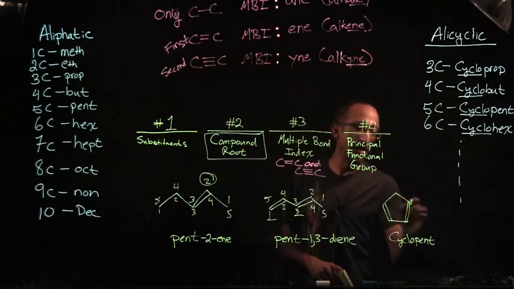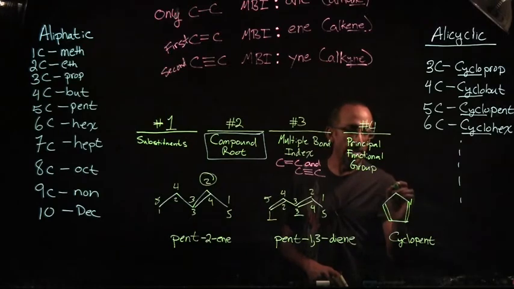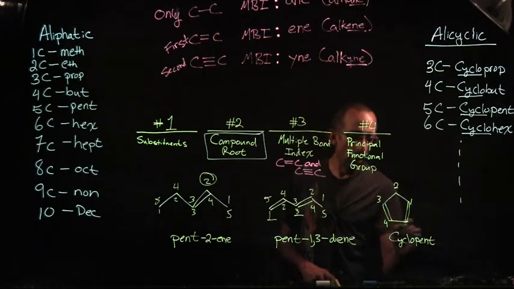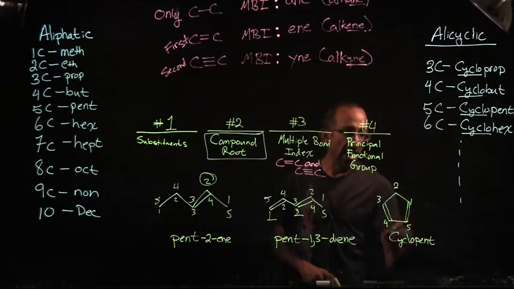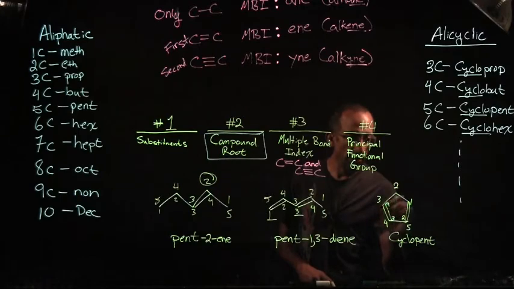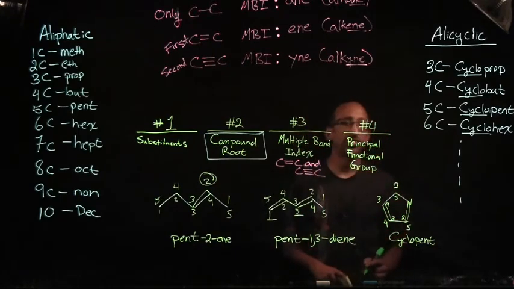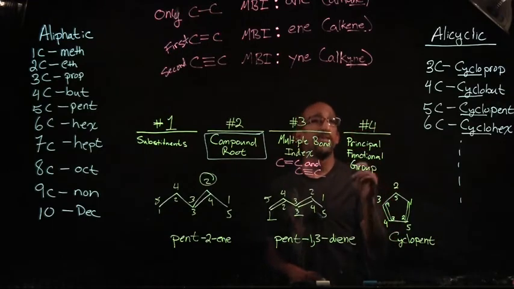Moving around now, I can either go down to 2 or up to 2. So if I go up to 2, that puts me at 2, 3, 4, 5. Had I gone down to 2, 2, 3, 4, 5. So either direction, my double bonds start at carbon 1 and carbon 3.